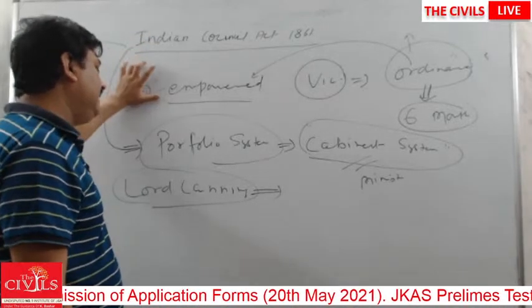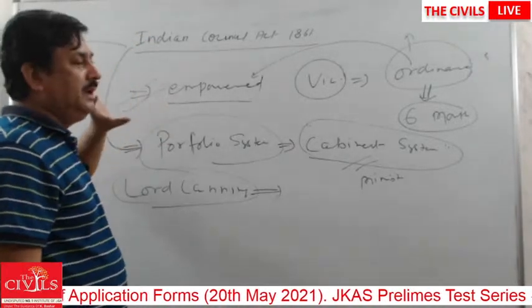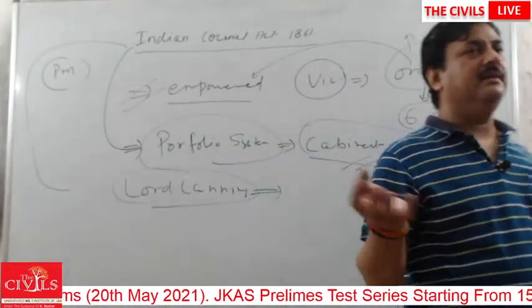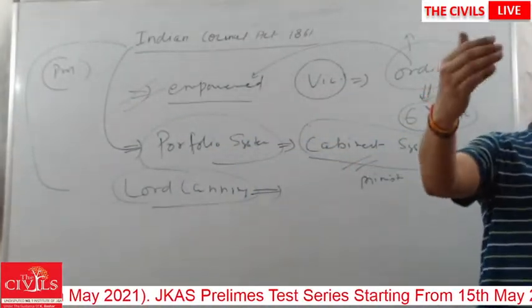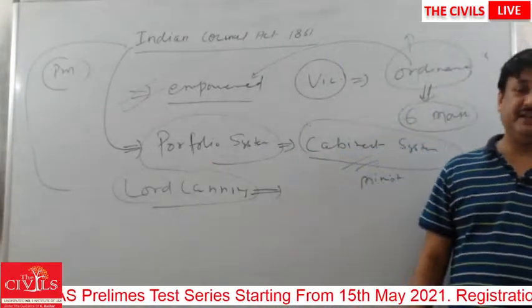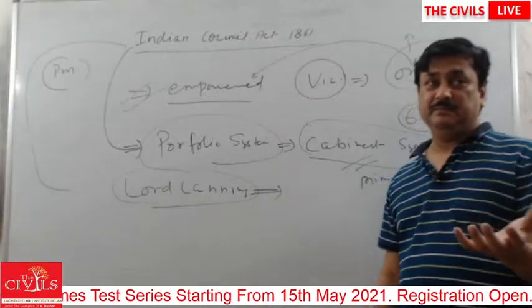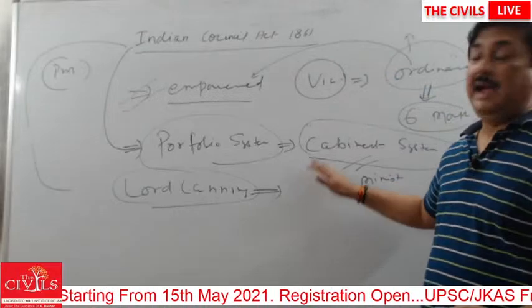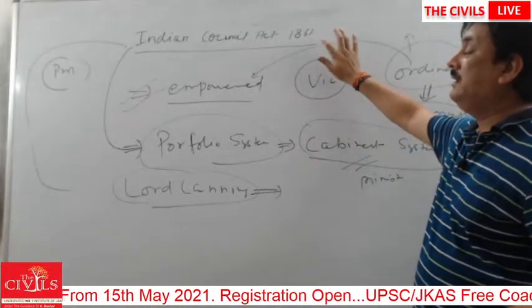And apart from that, the portfolio system means, for the ease of administration, ministries like the agriculture ministry and the defense ministry. So this ministry system was started by this act.